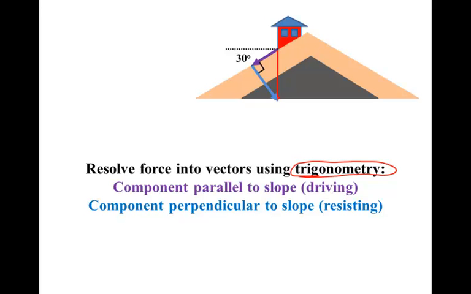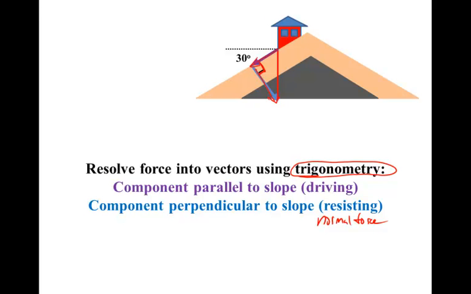We have part of the stress directed parallel to the slope, that is a driving force, and part of the stress directed perpendicular to the slope, that is a resisting force called the normal force. Normal, as the name implies, is perpendicular to the slope. So we have a right triangle here.